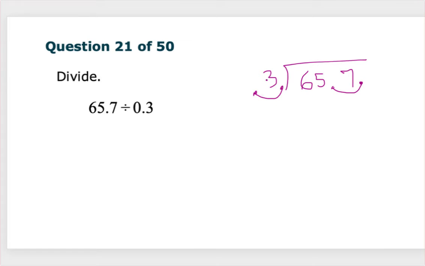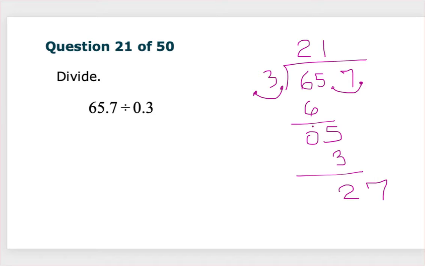Now we have 3 going into 657. 3 into 6 is 2. 2 times 3 is 6. 0. Bring down the 5. 3 into 5 goes 1 time. 1 times 3 is 3. 5 minus 3 is 2. Bring down the 7. 3 into 27 is 9. And that is our answer because we had cleared out all of our decimals.